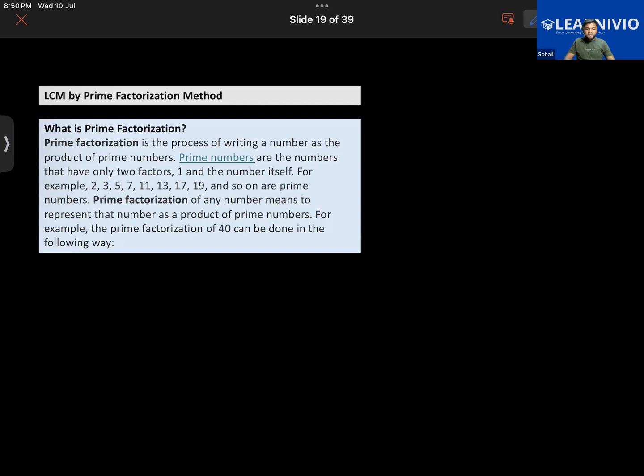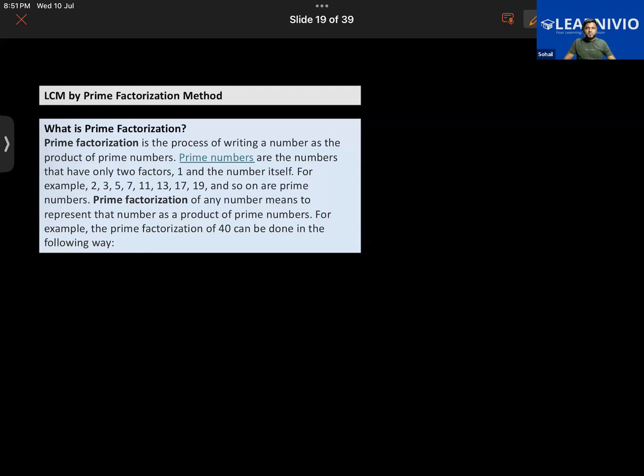In the prime factorization method, first of all, let us learn what prime factorization is. Read the given paragraph. Prime factorization is the process of writing a number as the product of prime numbers. Prime numbers are the numbers that have only two factors, one and the number itself.